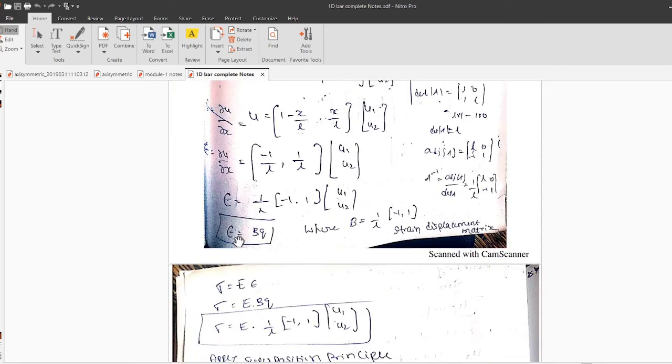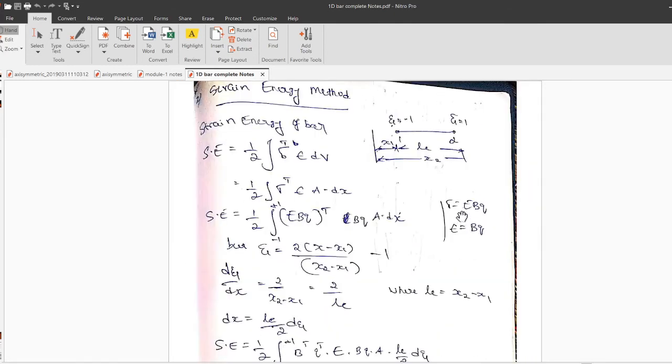We know epsilon is equal to B into Q. Therefore, according to Hooke's law, sigma is equal to E into epsilon, that is Young's modulus into strain. What is strain? That is B into Q, isn't it? So B into Q into E, the whole thing is substituted in place of sigma. Whole transpose will be there, into again epsilon. Epsilon means what? B into Q. Correct?